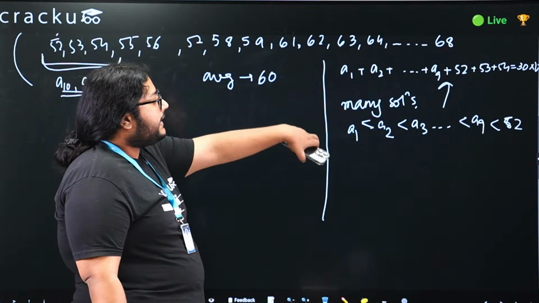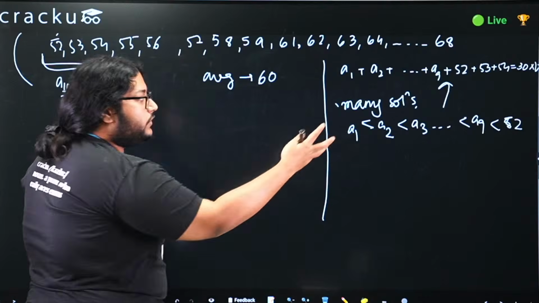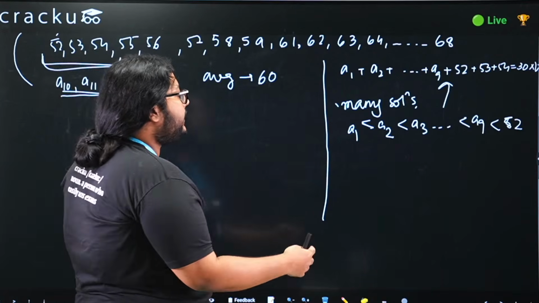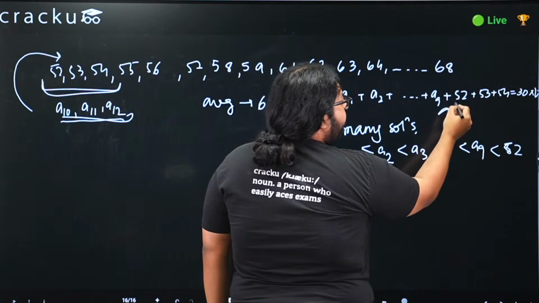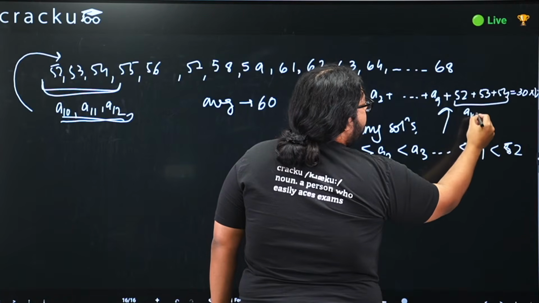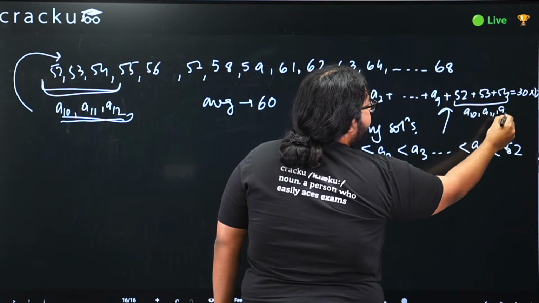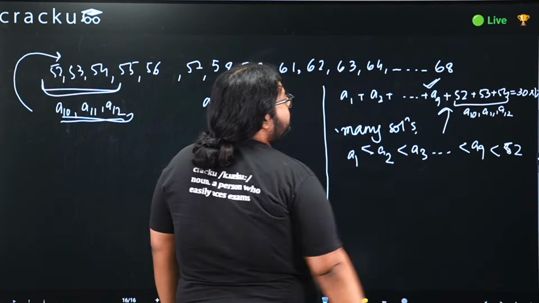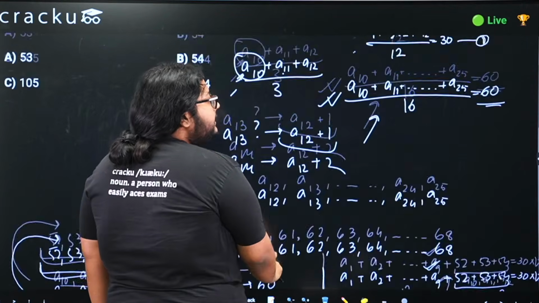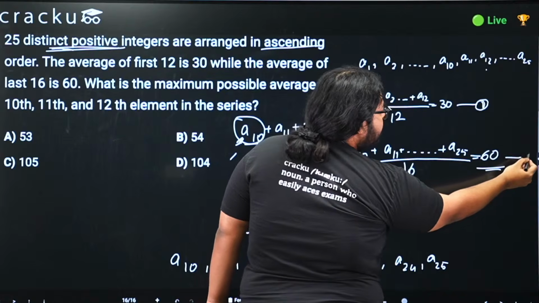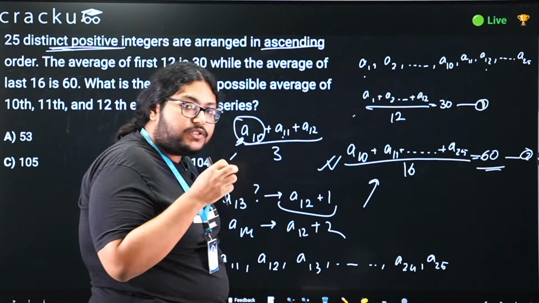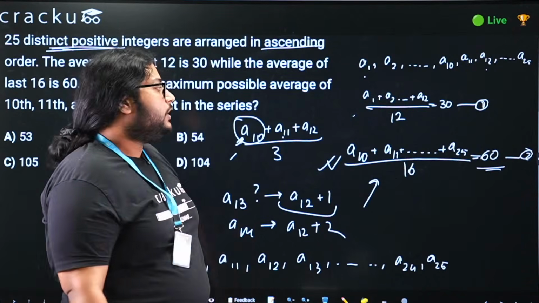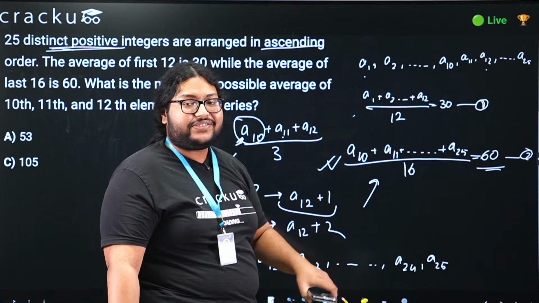So I can say that whatever values of A1 to A9 we take, if these are A10, A11 and A12, then I can get solutions. So both the conditions that we had will be satisfied here.